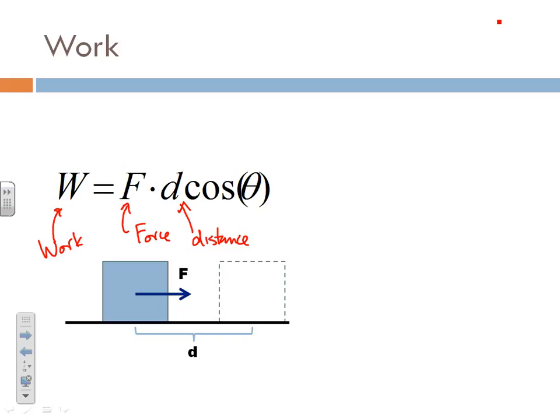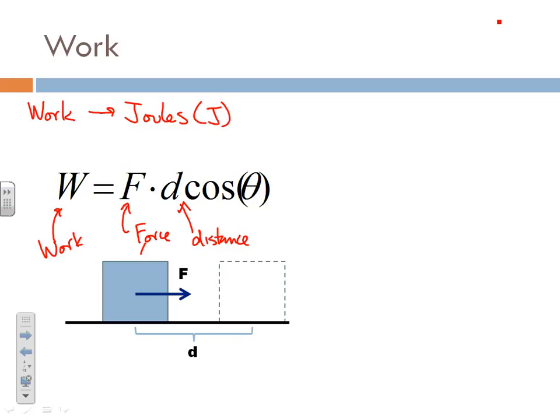And so work, we're measuring energy, or the energy that's being transferred or converted into a different type. And we know that the units for energy are joules, so work is going to be measured in joules, and that's going to be abbreviated with a capital J.